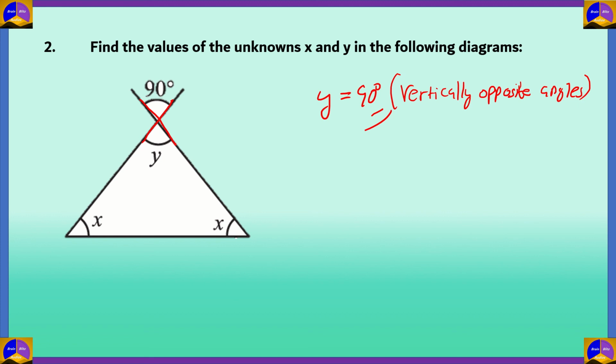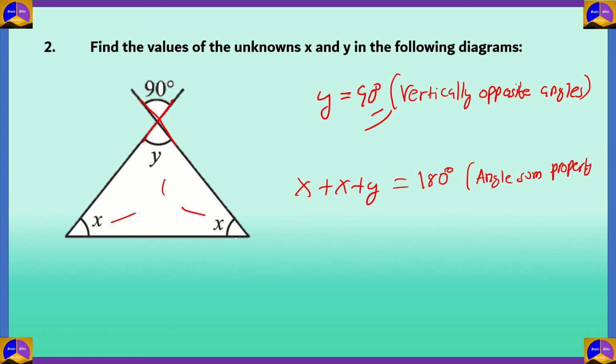Now, the interior angles of this triangle are x, x and y. So x plus x plus y would be equal to 180 degrees. Reason? Angle sum property.